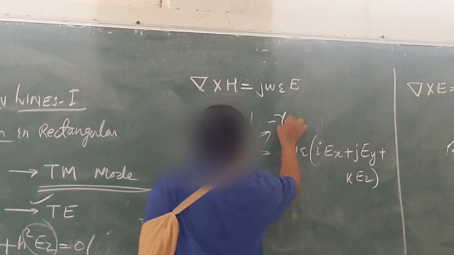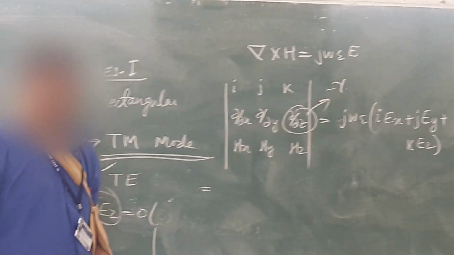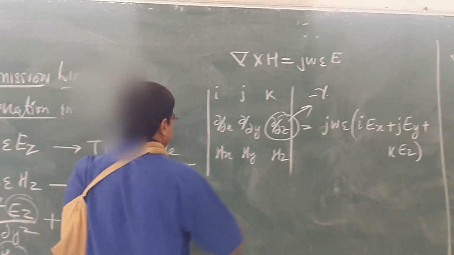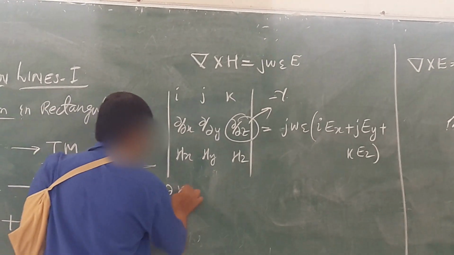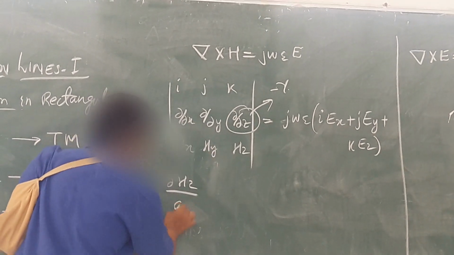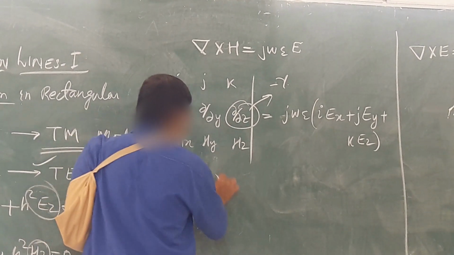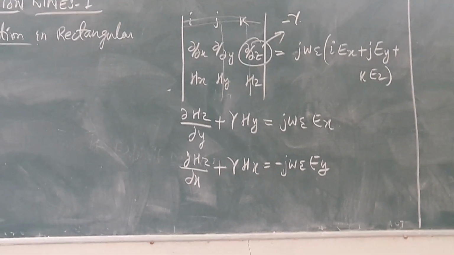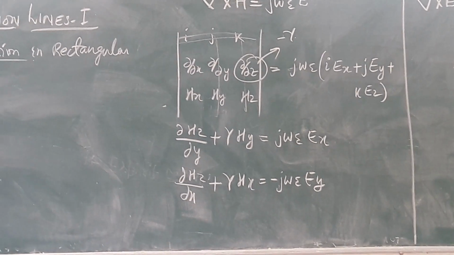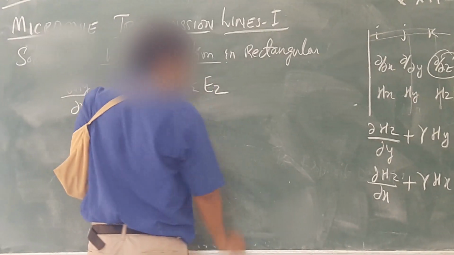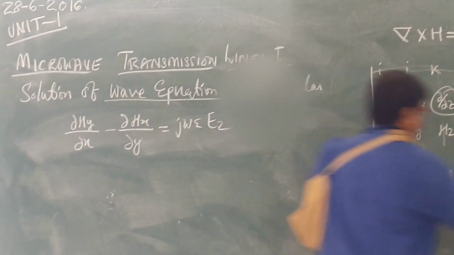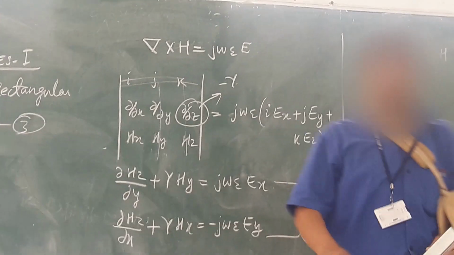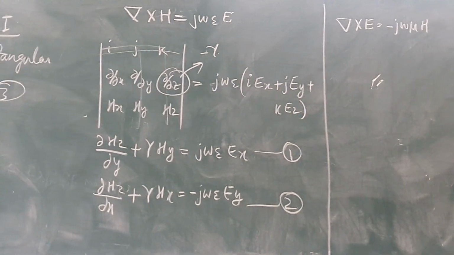So here we can replace it with your propagation constant. In matrix form, we got these three equations.